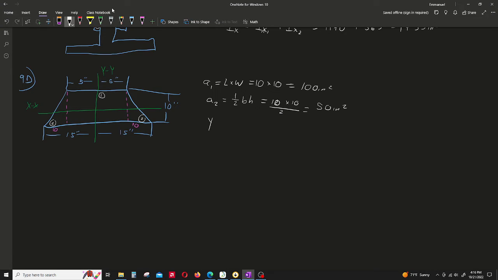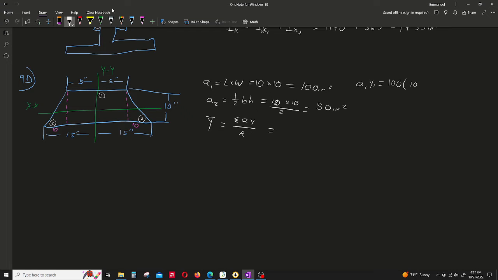So therefore, our y bar in this case is going to be the sum of our areas times y, divided by the total area. A1 y1 is going to be the area, which is 100, times y. And remember, y is just the centroid of that shape. The centroid of a square is essentially right in the center of it.